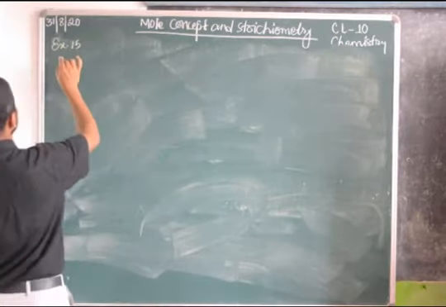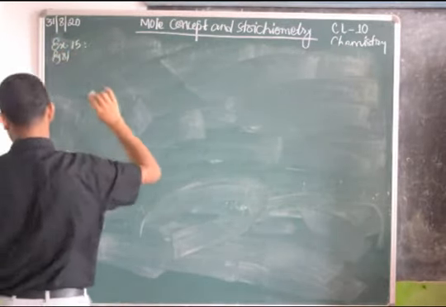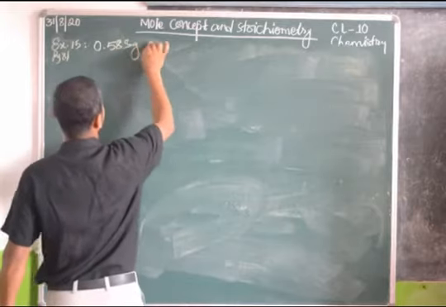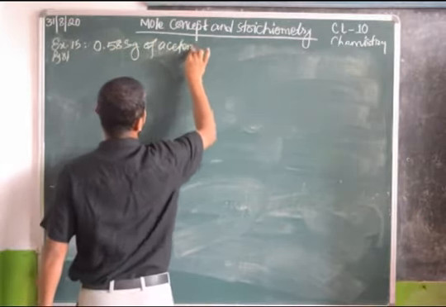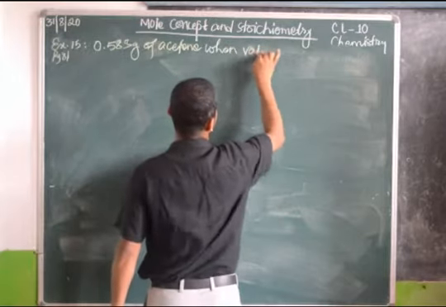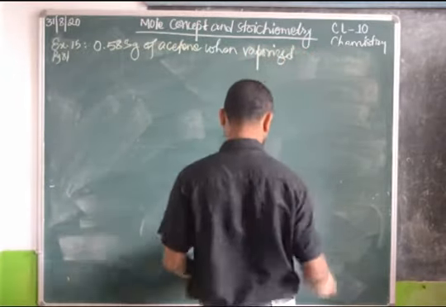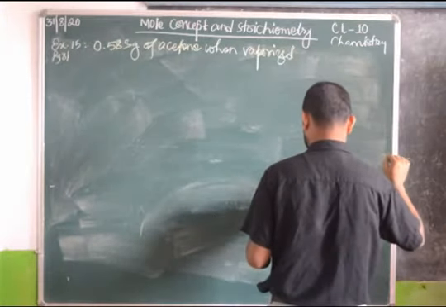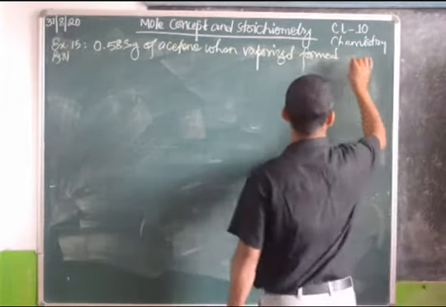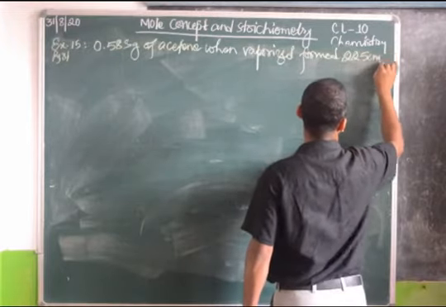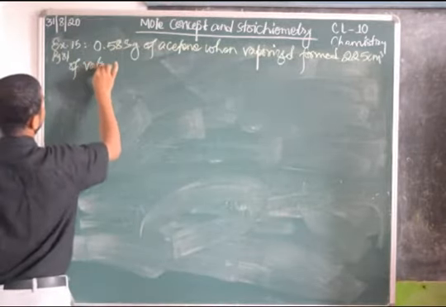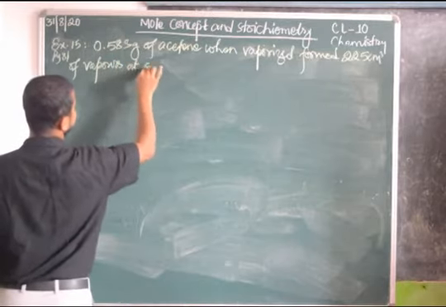Same page 81. What is the question? 0.583 gram of acetone when vaporized formed 225 centimeter cube of vapors at STP.